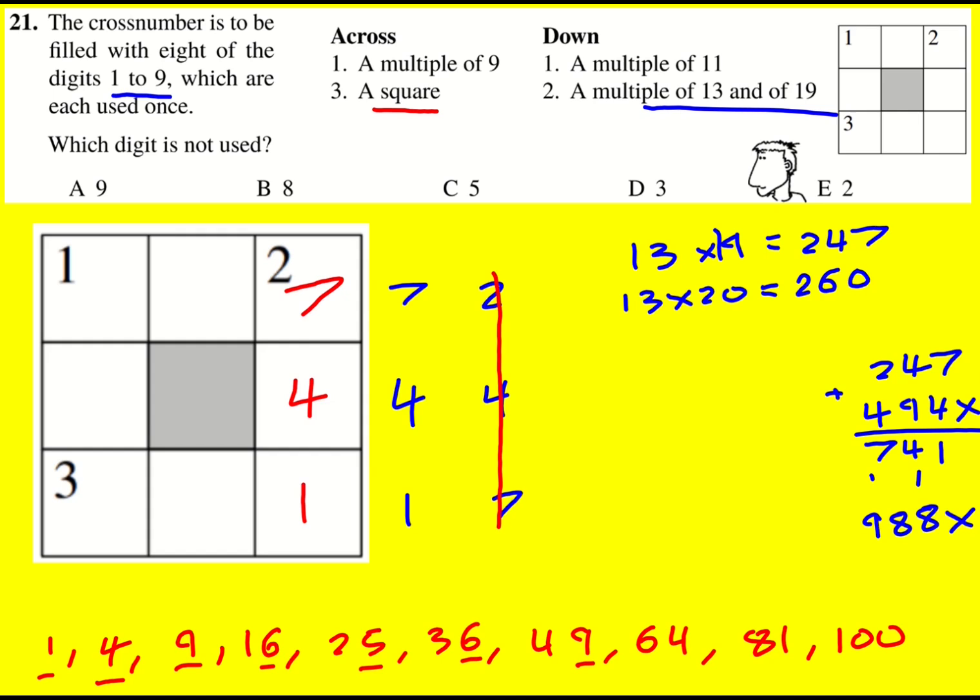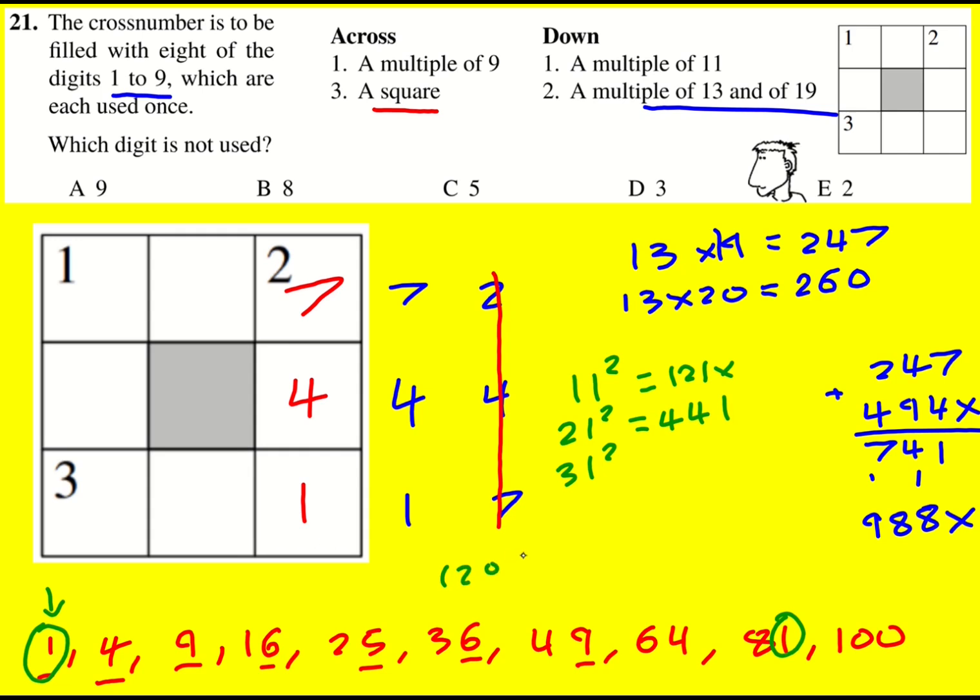Okay, so the square number must end in a 1, and as we already have seen, there's only a couple of ways we can end up with a 1 as the units digit. So we could do something like 11 squared, or 21 squared, or 31 squared. That would give me a 1 in a similar place to here. 11 squared is 121, so that doesn't work. 21 squared is, actually I know that one, 441.